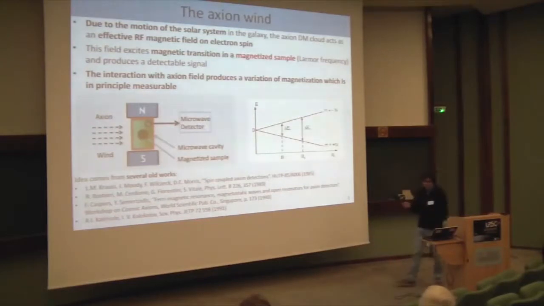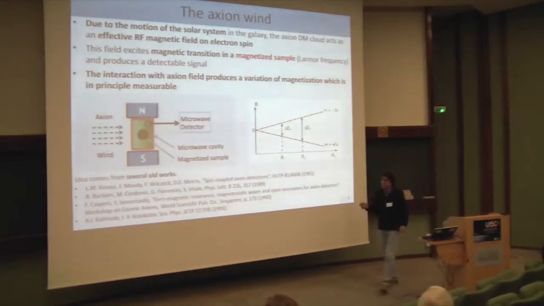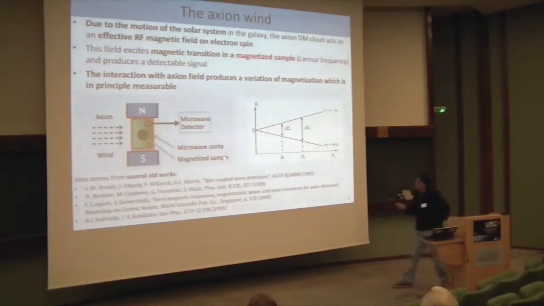For the masses that we are interested in, in the few microelectronvolt up to a millielectronvolt mass range, the frequencies are in the gigahertz regime, and this is why this is normally called a radio frequency magnetic field. So the idea is that the axion interacts with the electron spin, and it changes the total magnetization of the material.